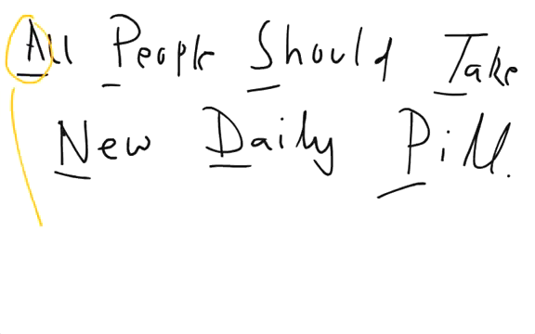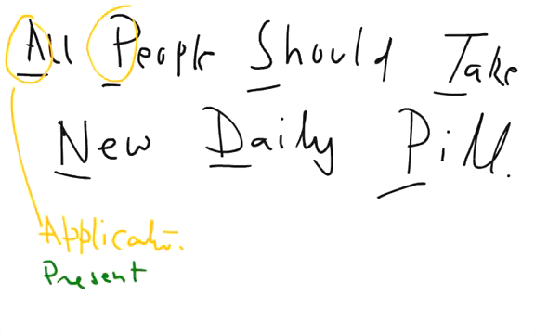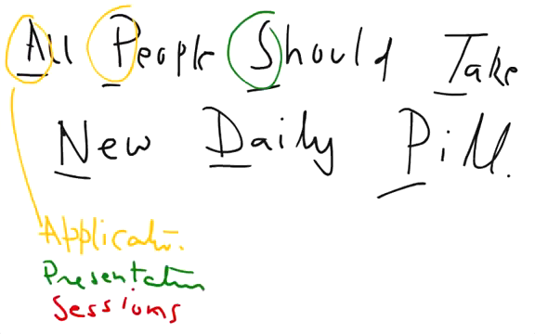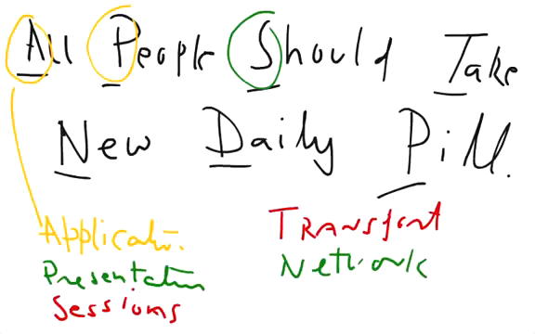So A stands for application layer, P stands for presentation layer, S stands for session layer, T stands for transport layer, N stands for network layer, D stands for data link layer, and P stands for physical layer.